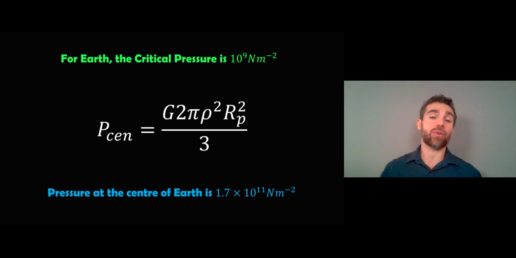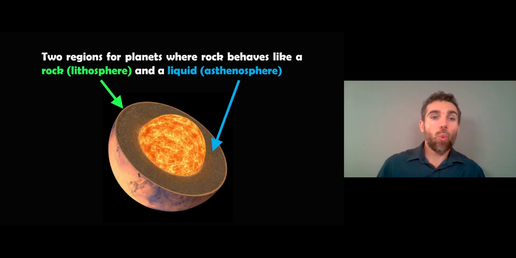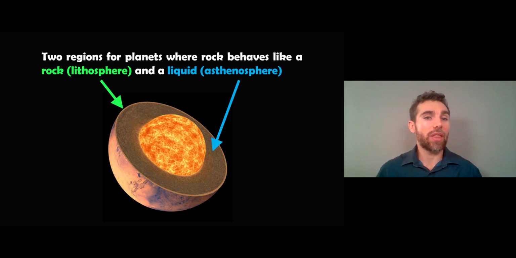So that tells you straight away that certain parts internally of the Earth, at least, are going to behave more like a fluid or a liquid than like a rock. Now, there are two regions in a rocky planet like this that are going to behave differently. So there's two regimes essentially. One is going to behave like a rock, which is the lithosphere.